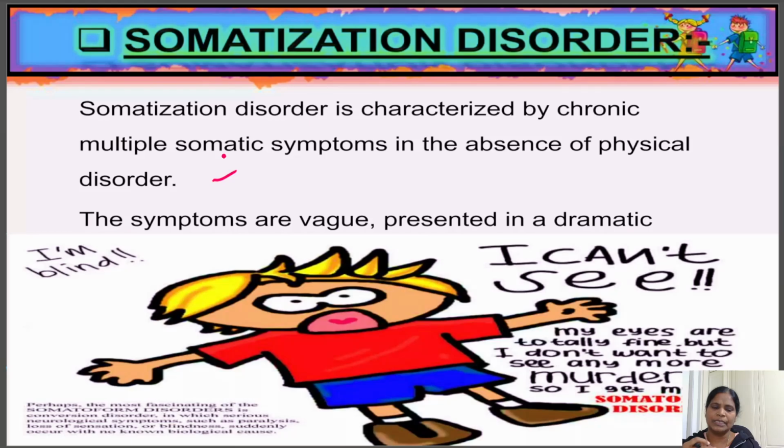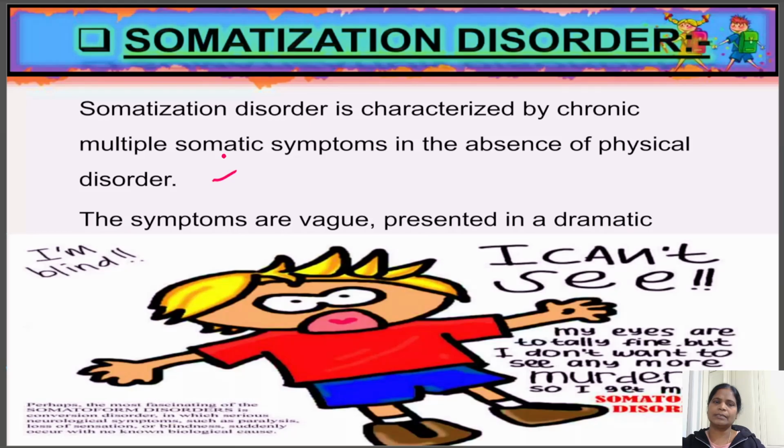For example, two will definitely be from gastrointestinal, one related to sexual or reproductive, and the other a neurological symptom. There is pain or complaint in 4 different sites: 2 gastrointestinal, 1 reproductive or sexual, and another neurological.